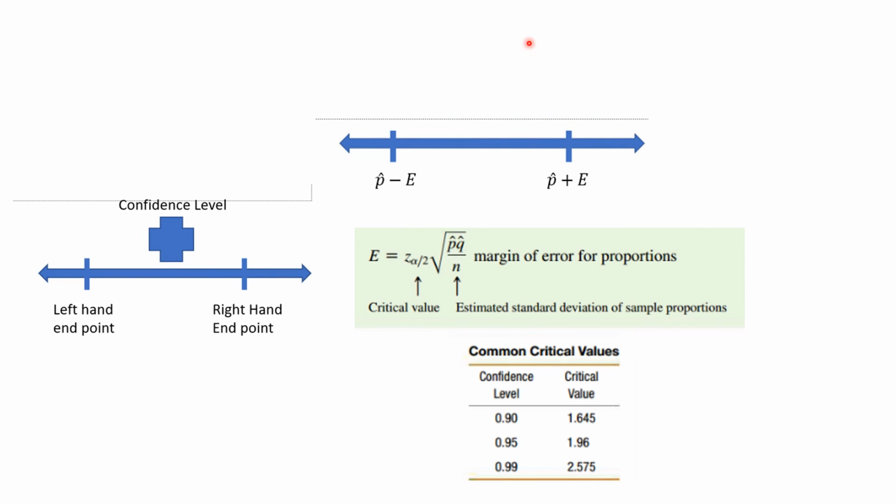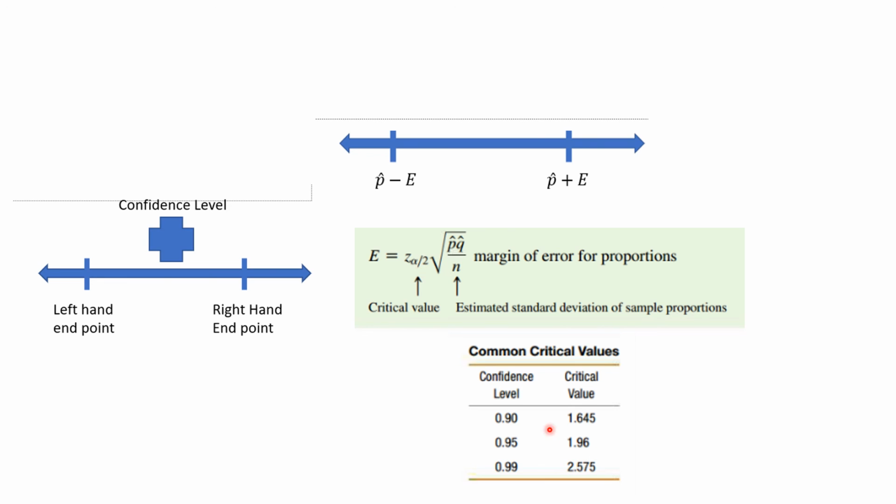And what we will find is that the left endpoint is going to be p hat minus a number called E, and the other endpoint is going to be p hat plus E. This E number is called the margin of error for proportions, and it's going to be a critical value that you find from your z table. For 90% it is 1.645, 95% is going to be 1.96, and 99% is going to be 2.575.